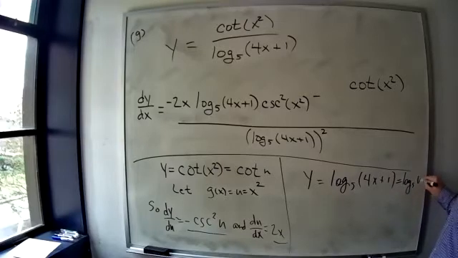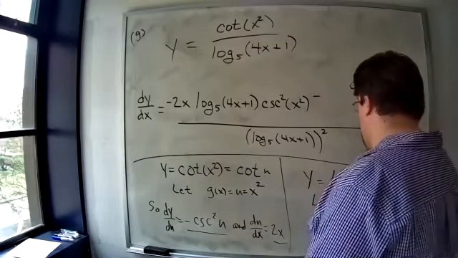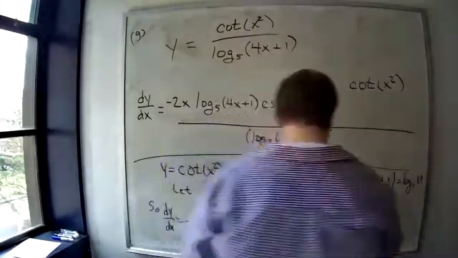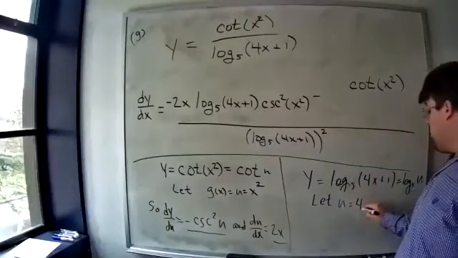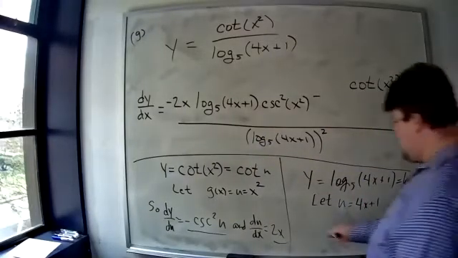X is already used, so let's use u. If we let u equal 4x plus 1, well then we can find dy du.